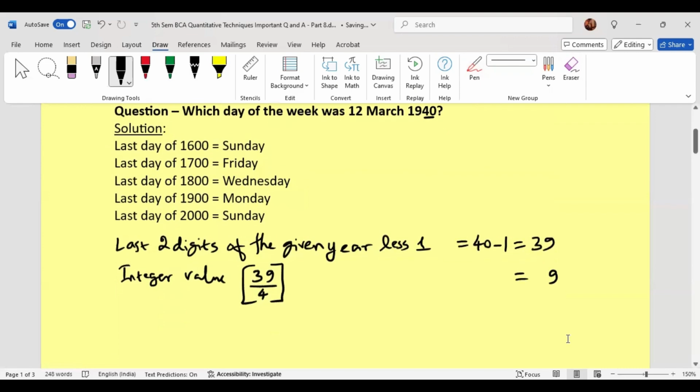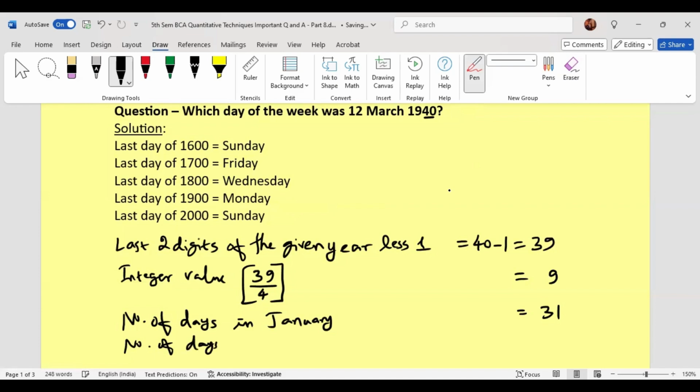Then the next step is to identify the number of days in this particular year, 1940, in January. We know the number of days in January will be 31. Then this 1940 is a leap year, so the number of days in February will be 29. Then in March, 12 days only, because we are interested in finding the day of 12th March.